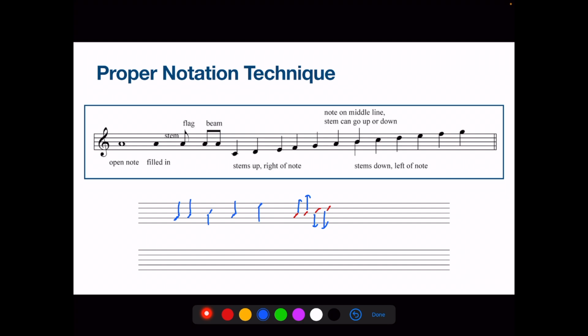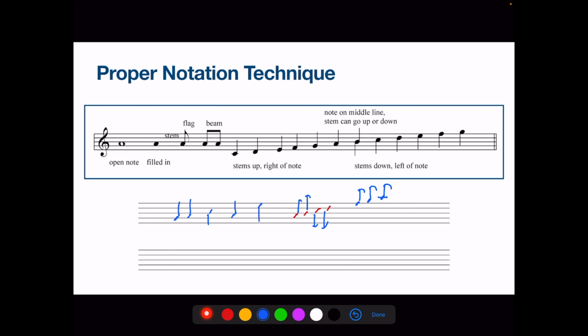Well, in this case, I think you just have to decide what would look better. And by that, I mean you want to keep the notes on the staff. So for example, just to give you a more extreme example, if we have a note up here, or here, or here, right? If you're going to just ignore the rule and you're like, what if I just do this? Well, technically, that's not wrong.